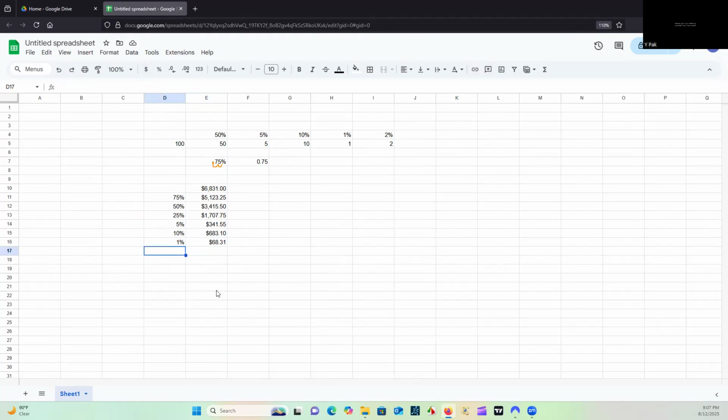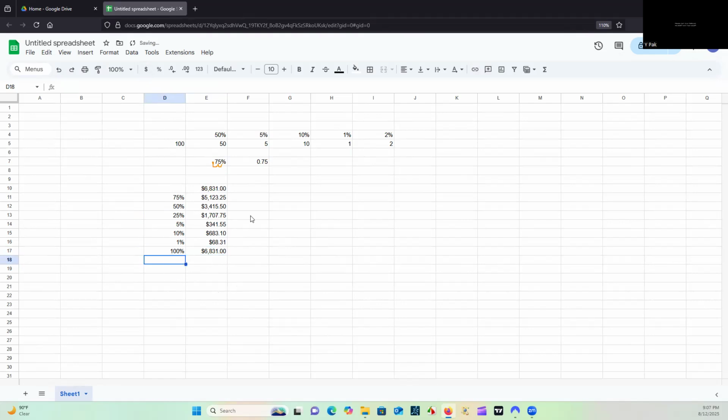So let's say I want to know what 100% of 6,831 is. Well, that's just equal to moving the decimal two places to the left. 1, 2. Well, that's 1 times 6,831. Well, 100% of 6,831 is 6,831.